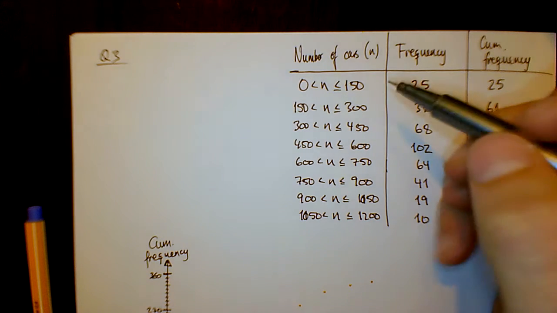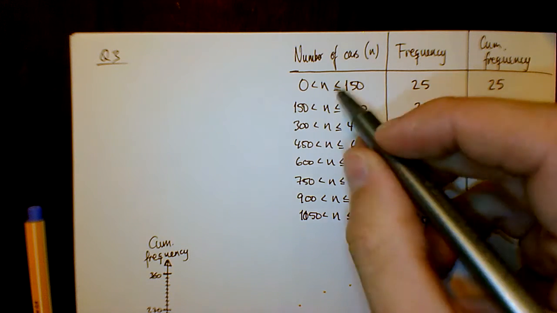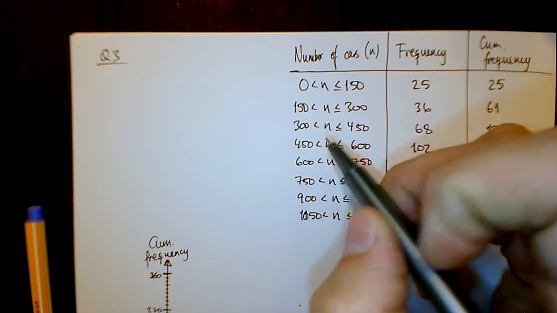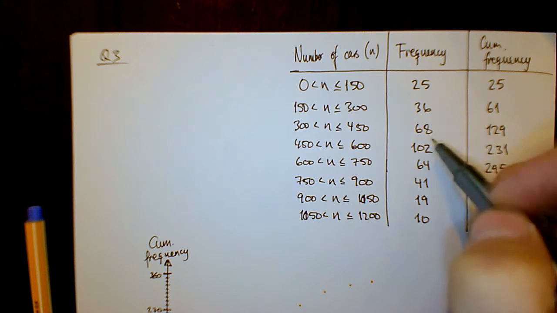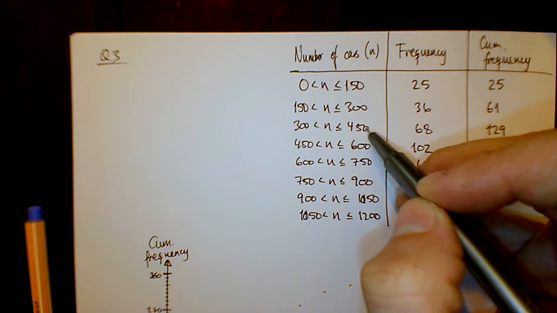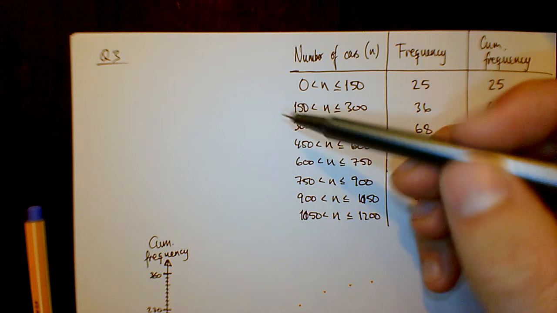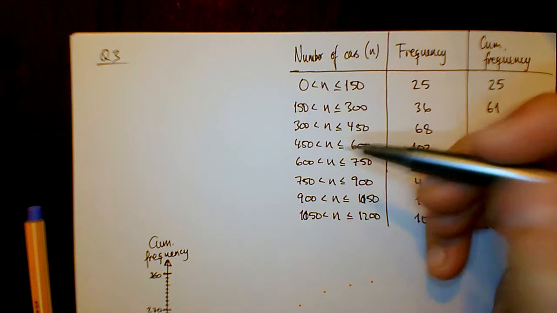So this means that during this year, there are 25 days where there are between 0 and 150 cars. There's also, for example, between 300 and 450 cars on 68 days, and so on. So in the task, we are to draw a cumulative frequency graph to represent this information.